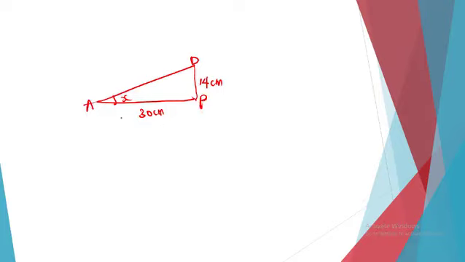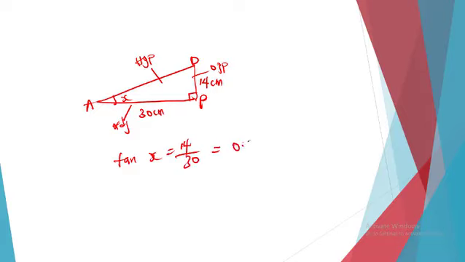Okay, so to find this, remember this is angle 90. So here is our hypotenuse, this is our opposite, and this is our adjacent. And then we are looking at tan X to be equal to opposite over adjacent, which is 14 over 30, and 14 divided by 30 will give us 0.46666.